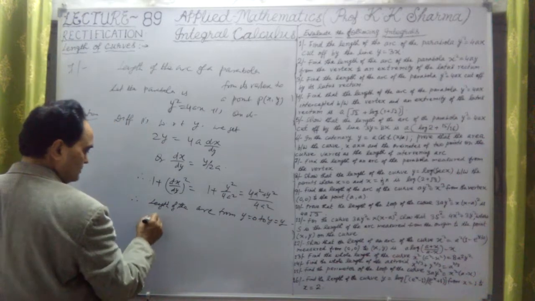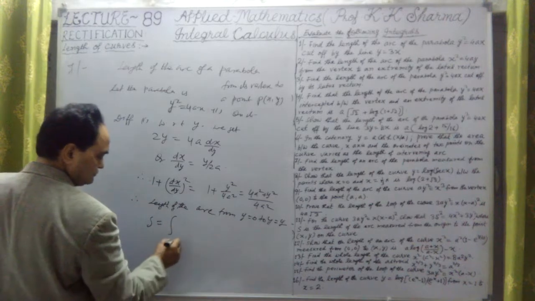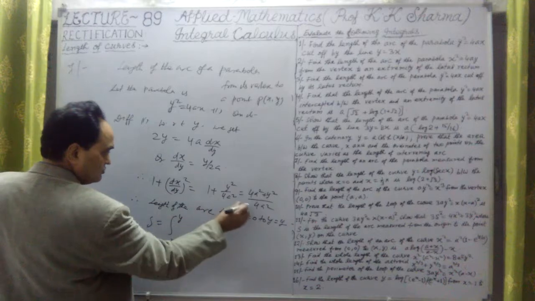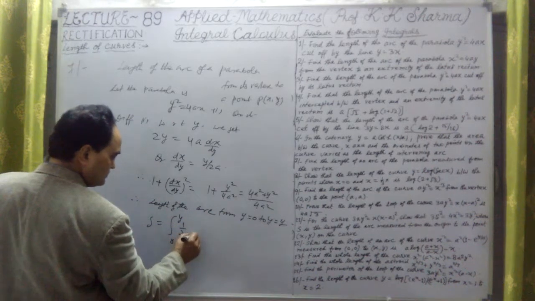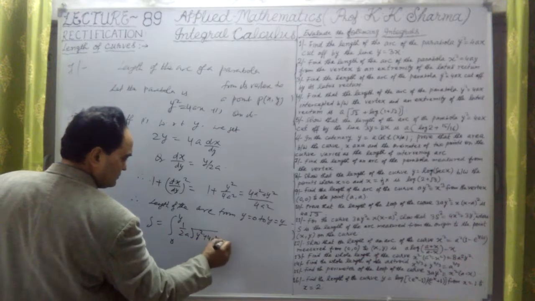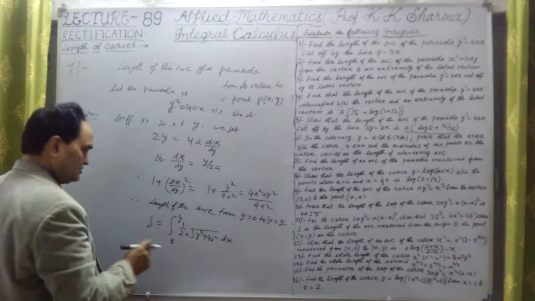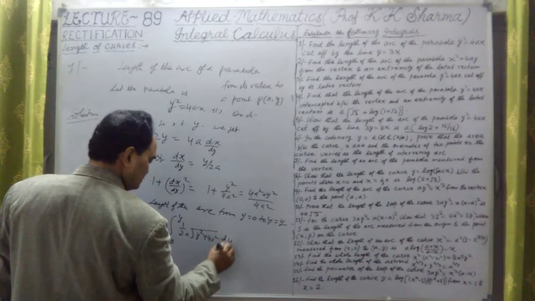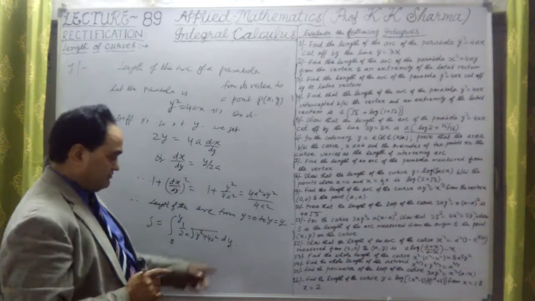It will be s equal to integral from 0 to y of 1/2a square root of (y square plus 4a square) dy.